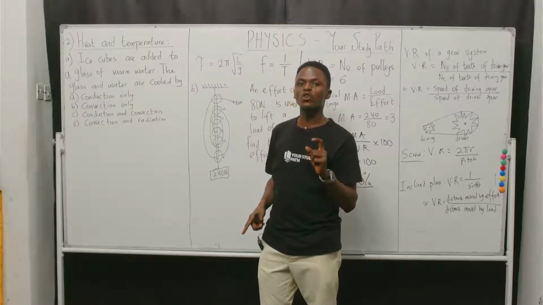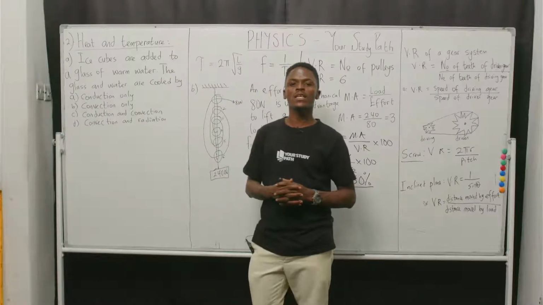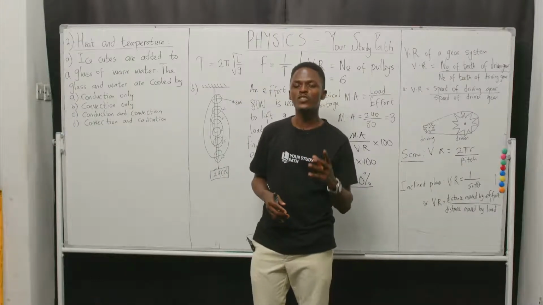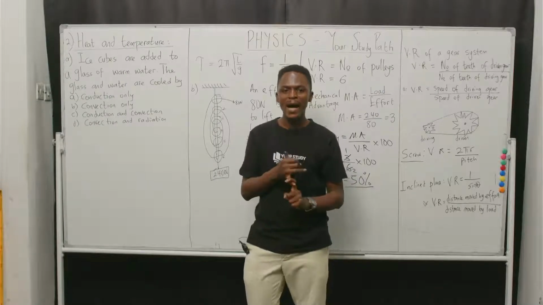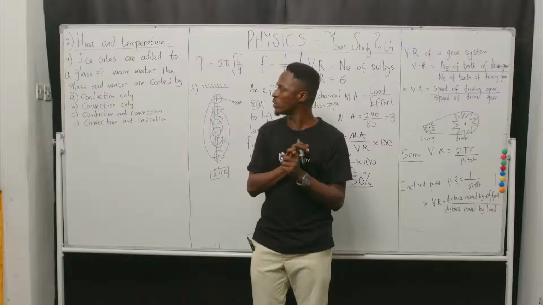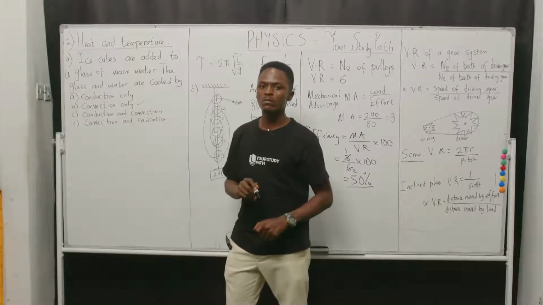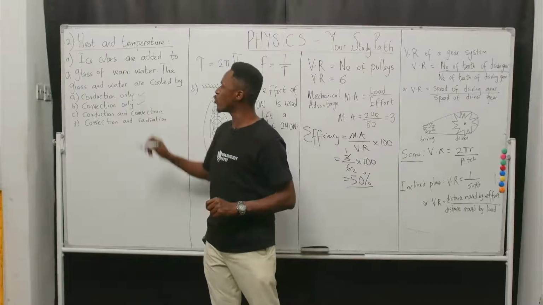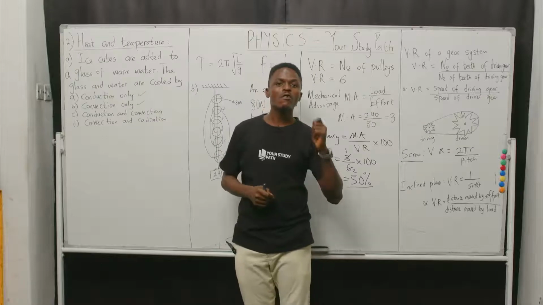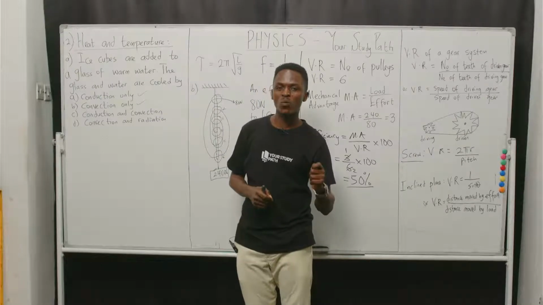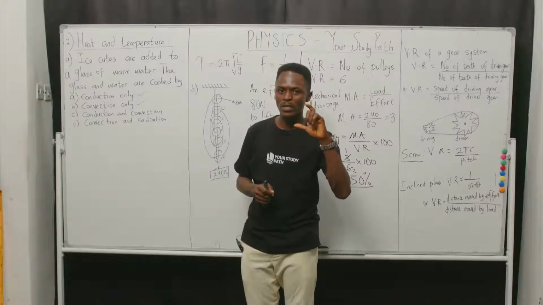So the process by which these two, the glass and the water, will be cooled down will be convection for the liquid, which is the water, and conduction for the glass, which is solid.